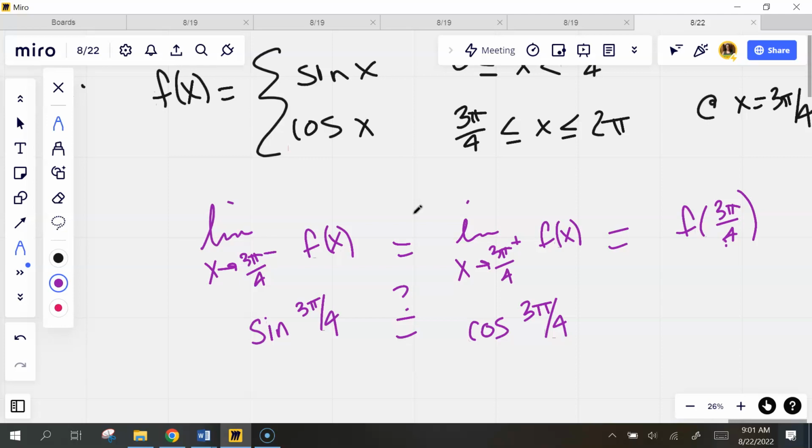So even if I don't know the values, if I know where it is at least, I can know that these are never going to be equal because one's going to be positive and one's going to be negative. So no, this does not have a tangent at that point because it's not continuous at that point. That was it. Always check for continuity first. It's not continuous. That's it.